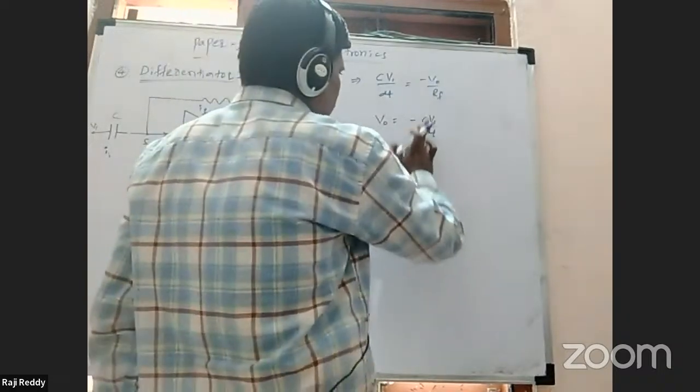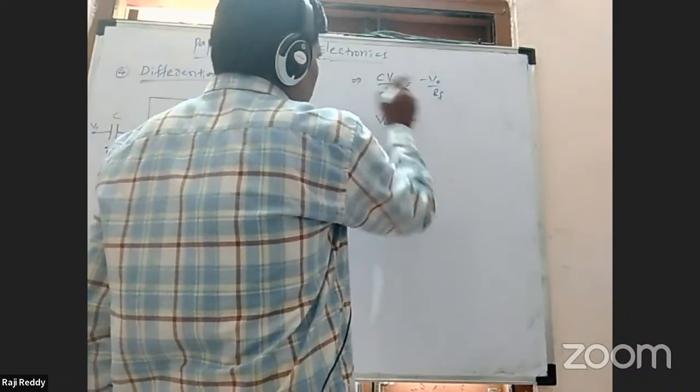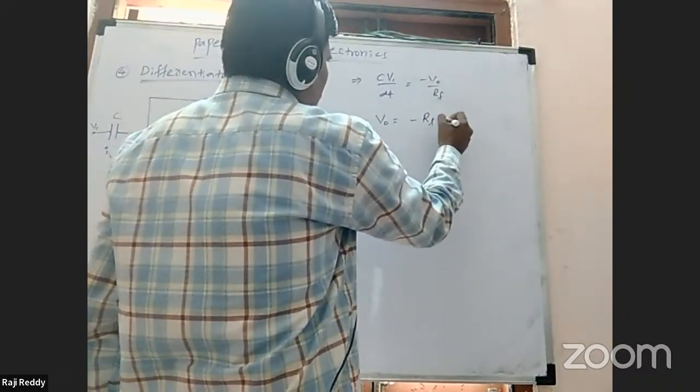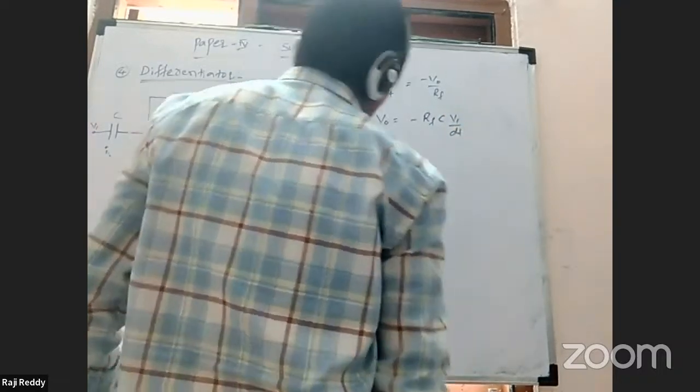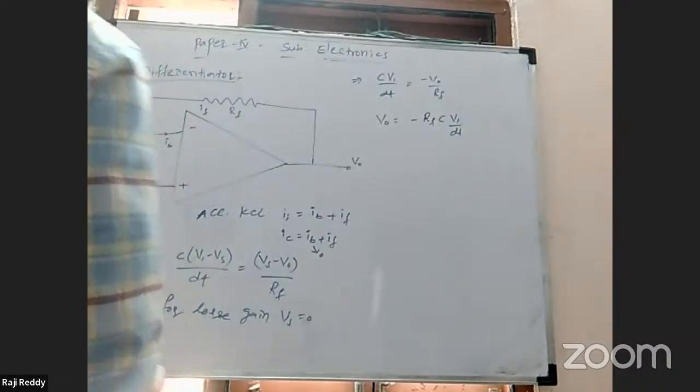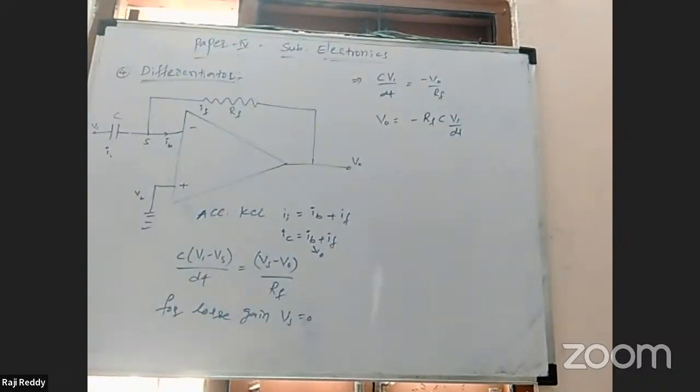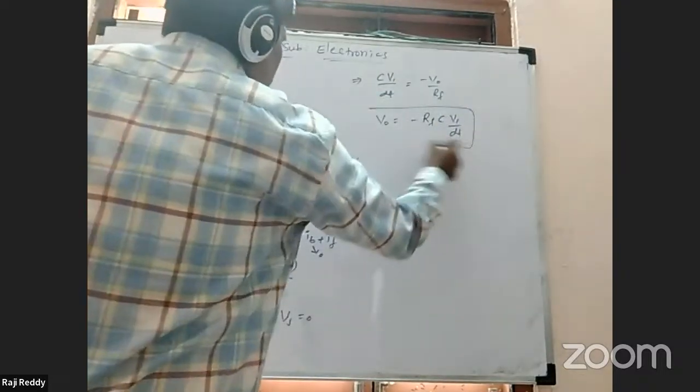Even the RF also is there, right? Cross multiplication: RF C dV1 by dt. Okay? This is V naught.